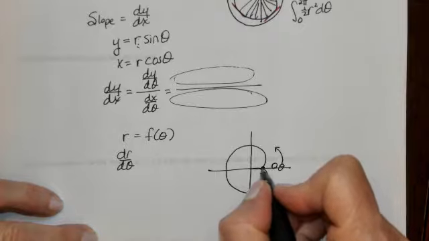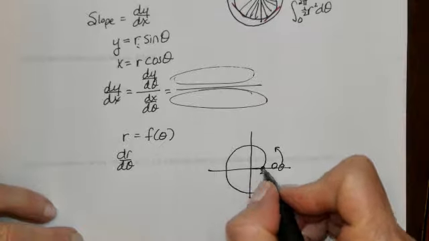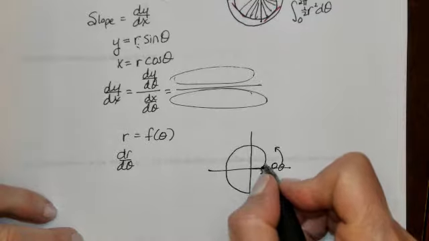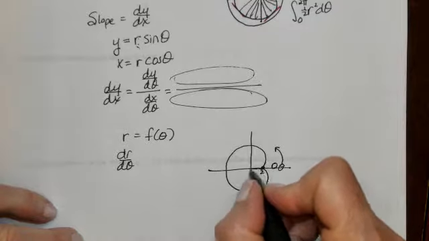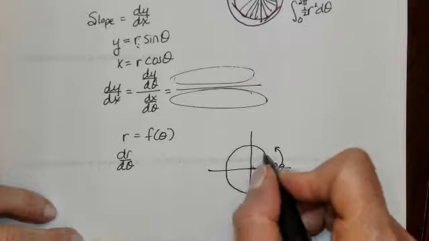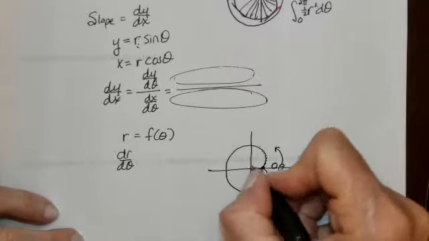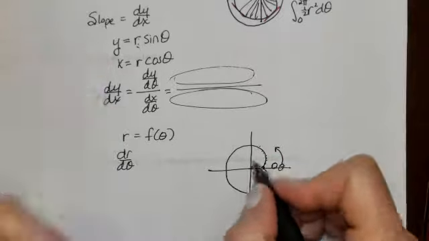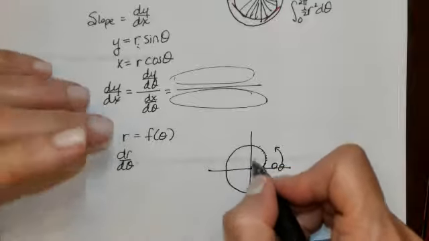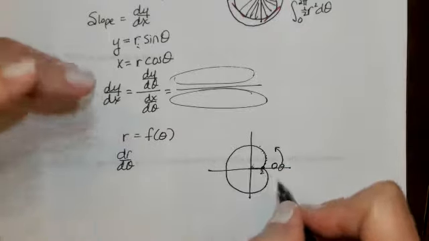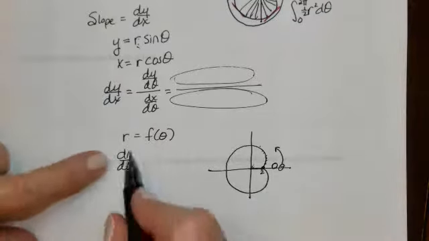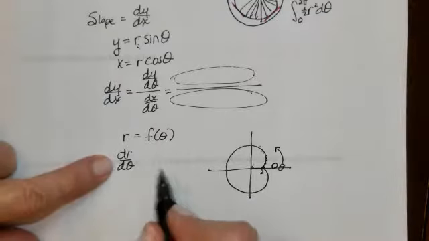When theta is 0, r is 2, let's say. As theta increases, r gets further away from the origin, right? r gets further away from the origin until we get to some value, and I don't know where that is here, it's hard to tell by my picture, but until we get to some value, and then it will start to get back closer to the origin, right? So dr d theta, that's what it talks about.